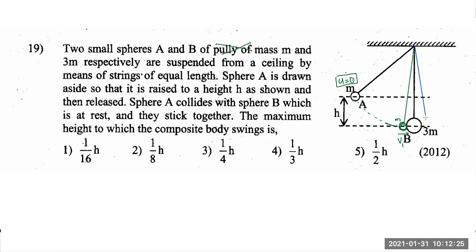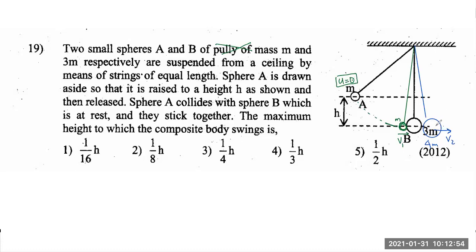You can take them as one single object of mass 4m, moving with a new velocity, which I'll take as V2.